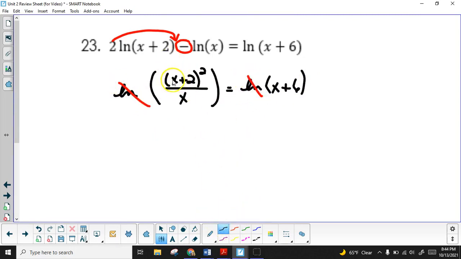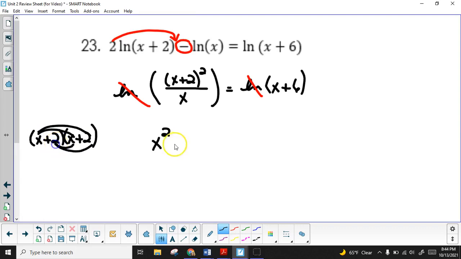So on the top, when we multiply x plus 2, that quantity squared, we will get x squared. Students mess up on this a lot, so let's go ahead and write this out. When we do all of this, remember that you need to multiply all of your parts.